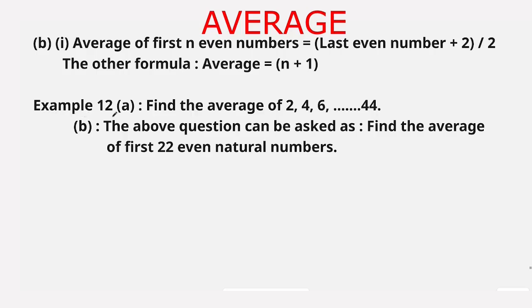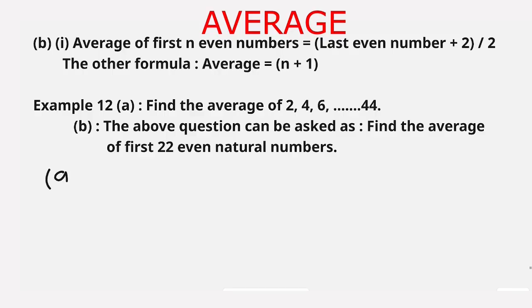Example 12, part A. Find the average of 2, 4, 6 and the last number is 44. Or the same question can be asked as part B. The above question can be asked as find the average of first 22 even natural numbers. Now we solve this question with the above two formulas.